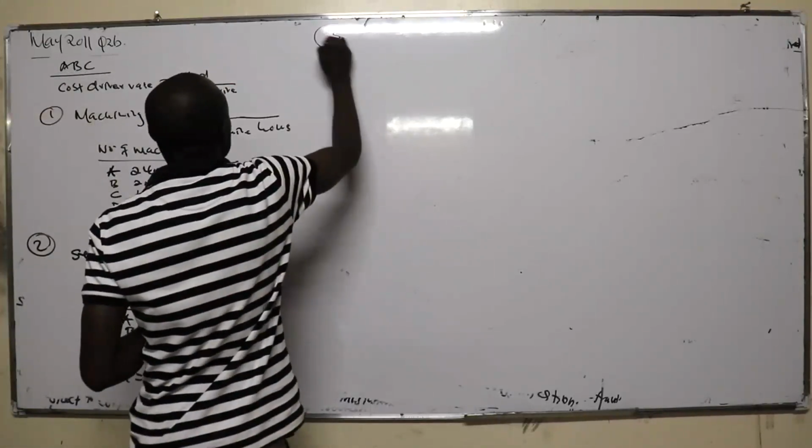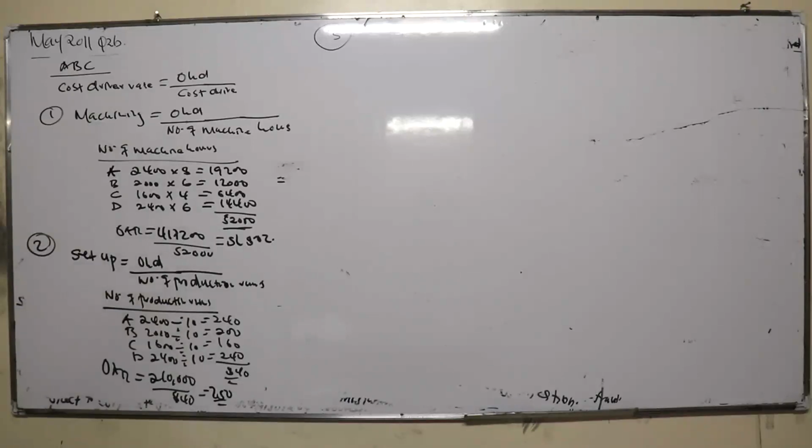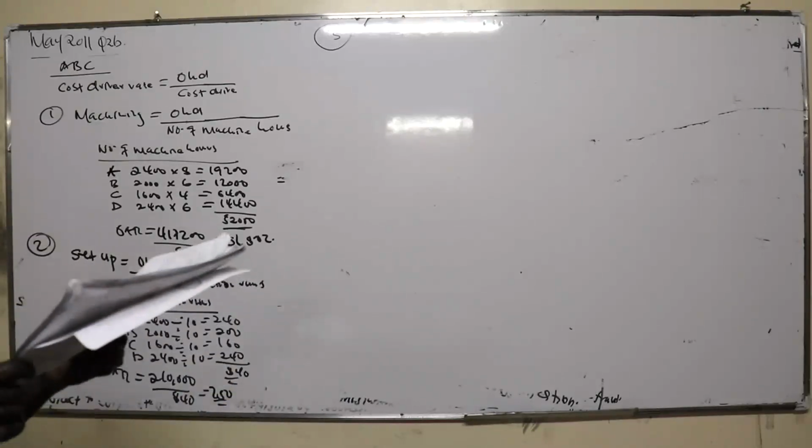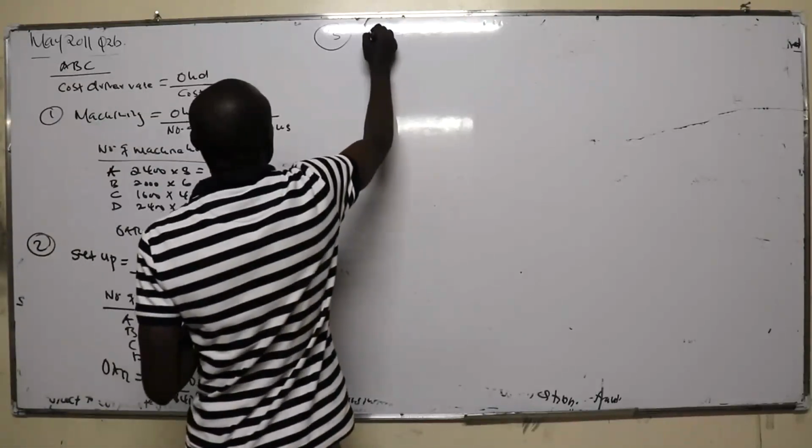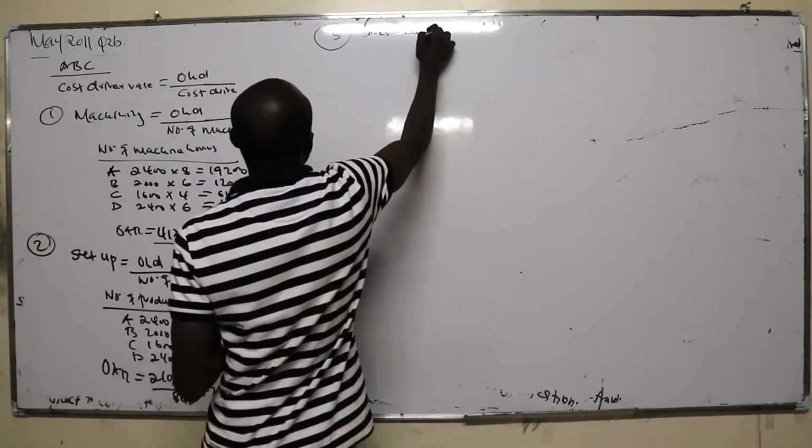Then we have number three, the second overhead. The second activity there is stores receiving.